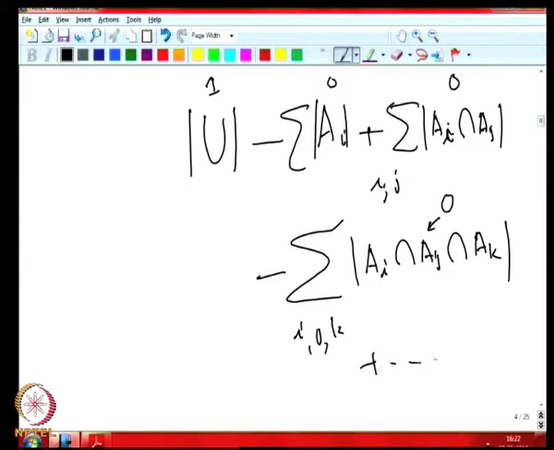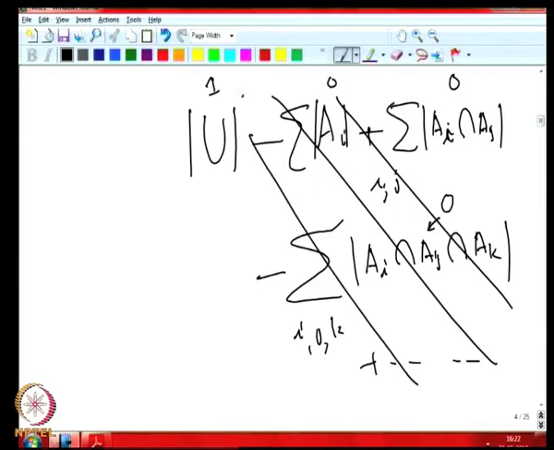Any of the later terms will contribute 0 only. So it only contributes to the first term, namely 1, as we discussed. So that is fine.